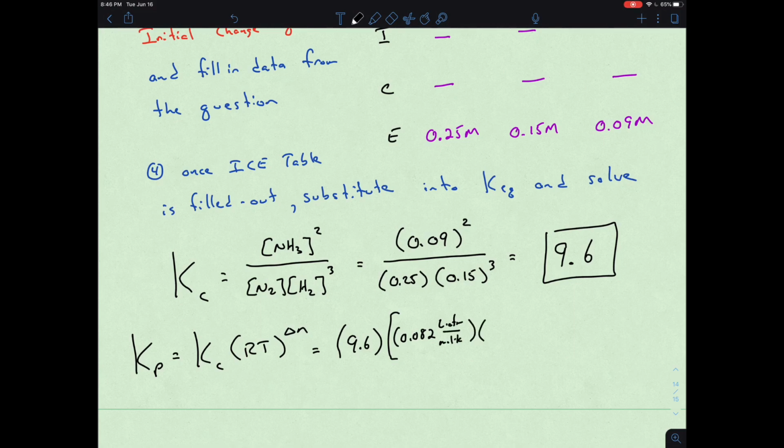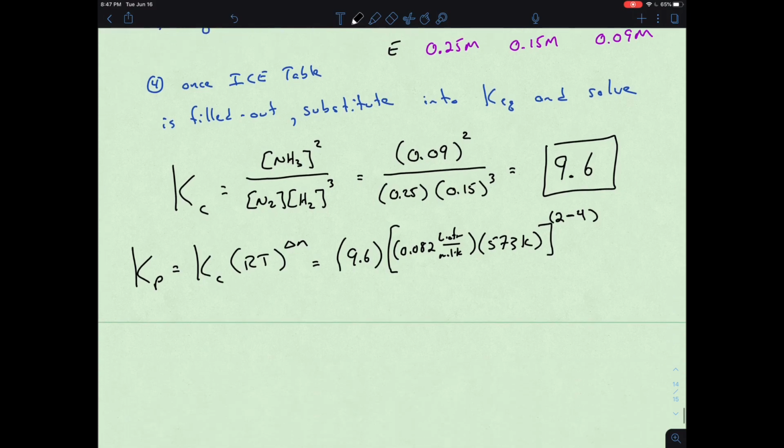We have our 300 degrees Celsius, which would be 573 Kelvin. And then we have 2 moles of gas as our product, minus 4 moles of gas as our starting material.